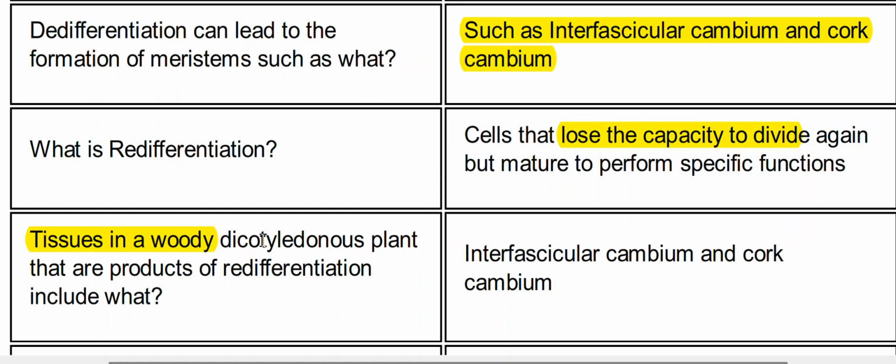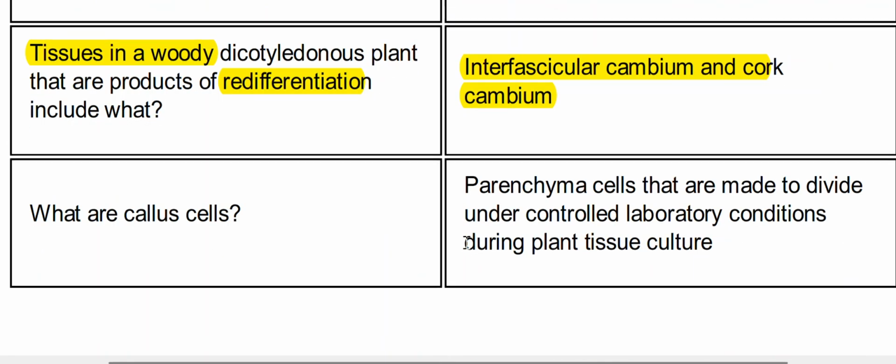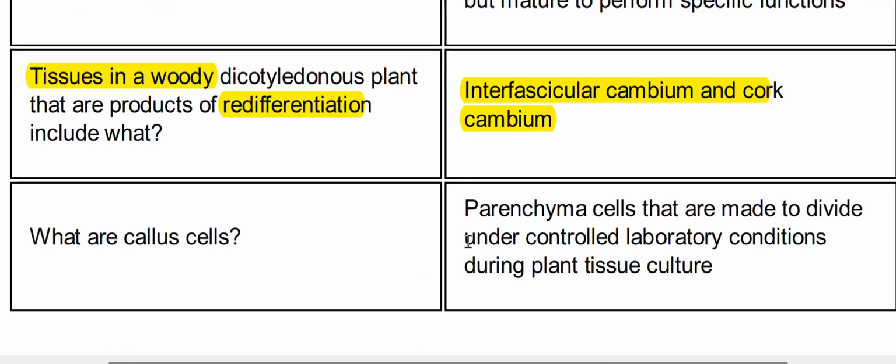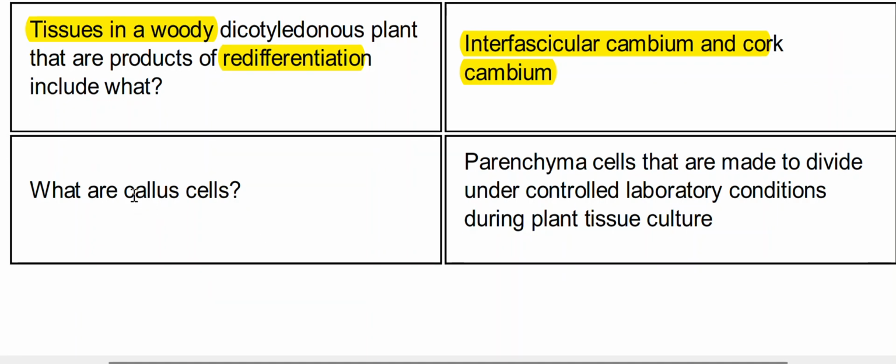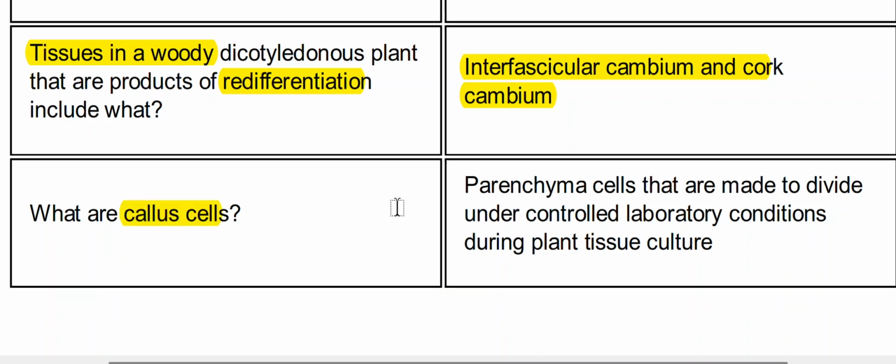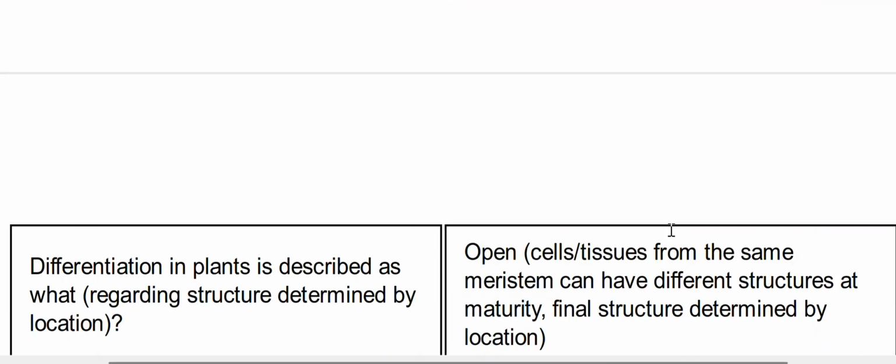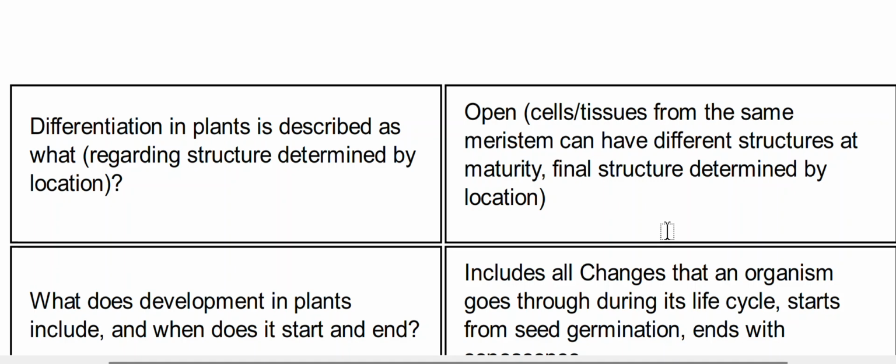Interfascicular cambium and cork cambium are converted into that particular material. What are callus cells? Parenchyma cells are called callus cells. Under laboratory conditions, we can convert them into a whole plant by giving hormones.